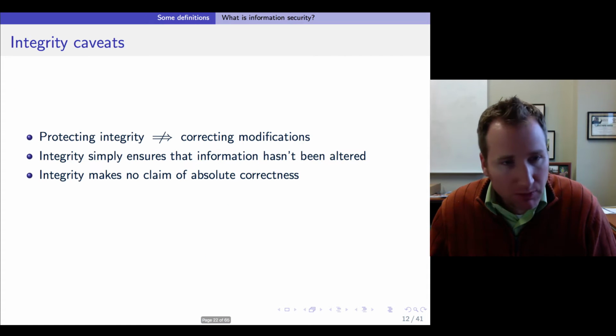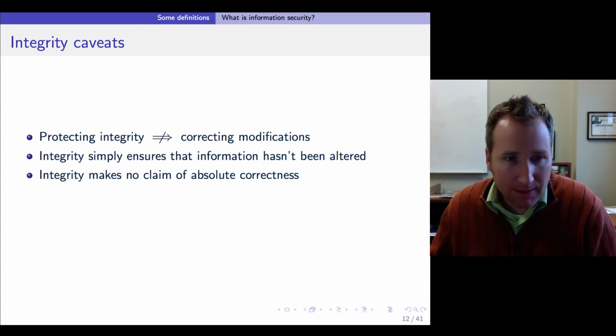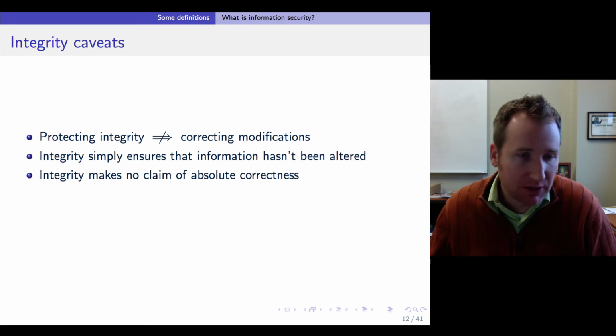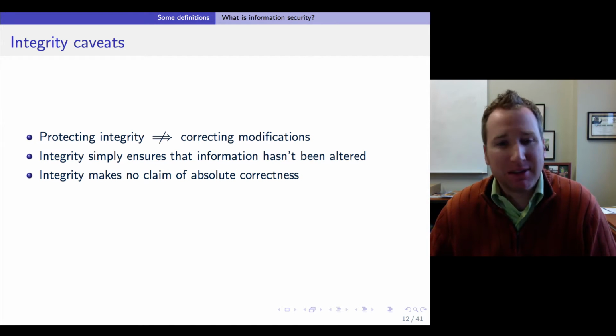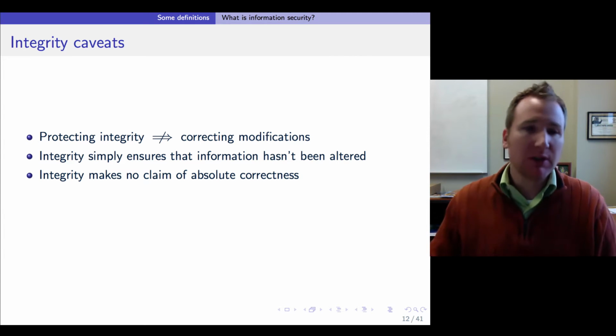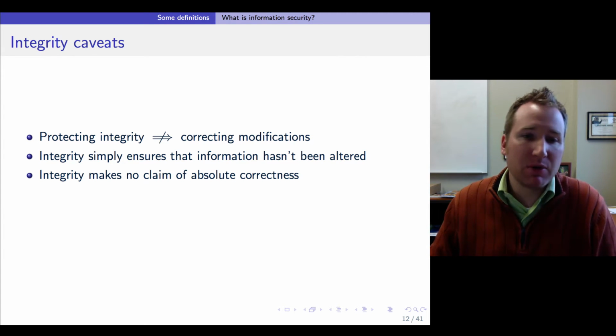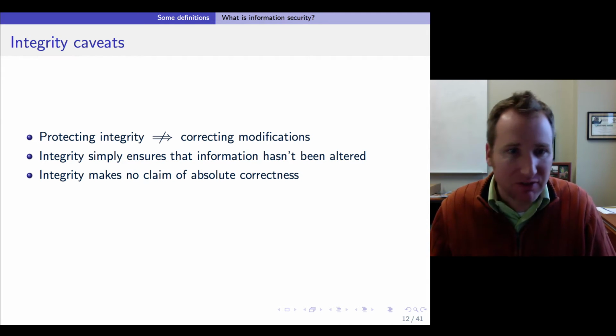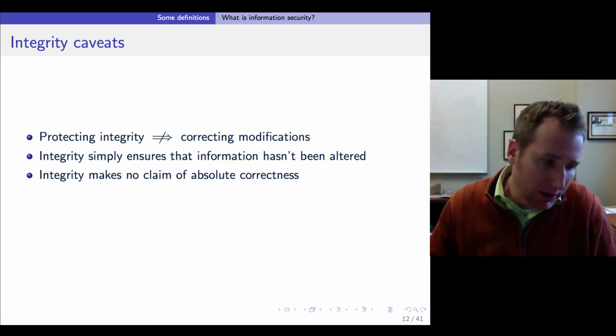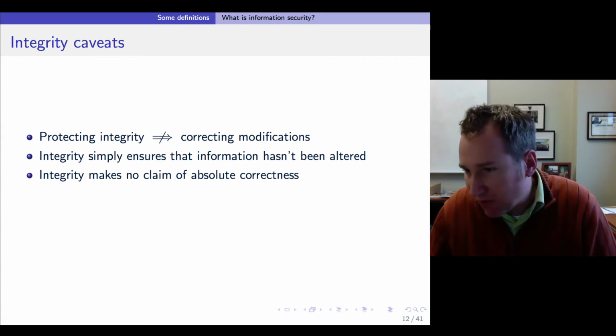A couple of caveats here. Again, protecting integrity is not the same thing as correcting modification. You just have to detect that the modification has occurred. And most integrity mechanisms take steps to ensure that the information has not been altered, so you can provide a guarantee of a lack of alteration. And integrity makes no claim of correctness, right?